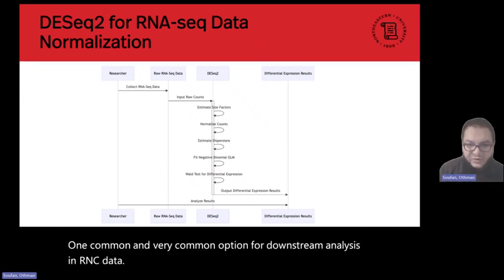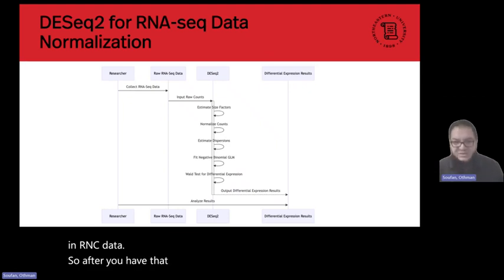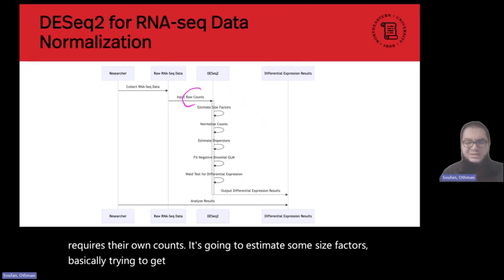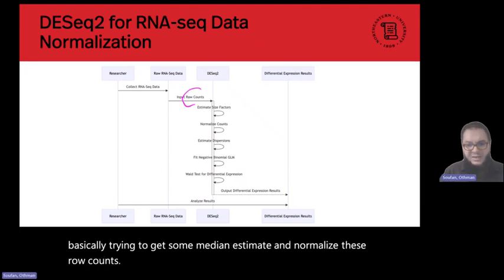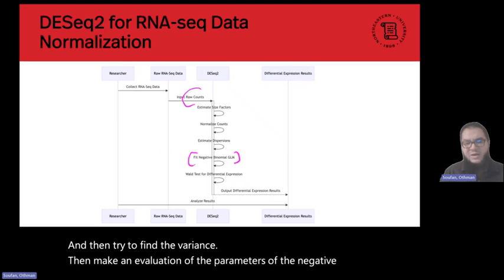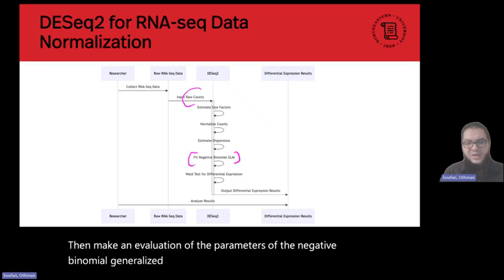So after you have the raw counts, this is what it requires. It requires the raw counts. It's going to estimate some size factors, basically trying to get some median estimate and normalize these raw counts, and then try to find the variance. Then make an evaluation of the parameters of the negative binomial generalized linear model.